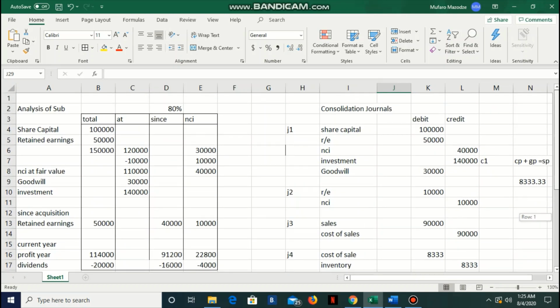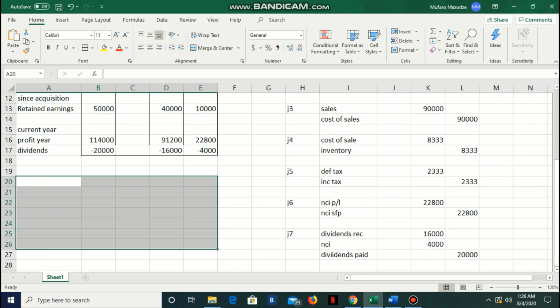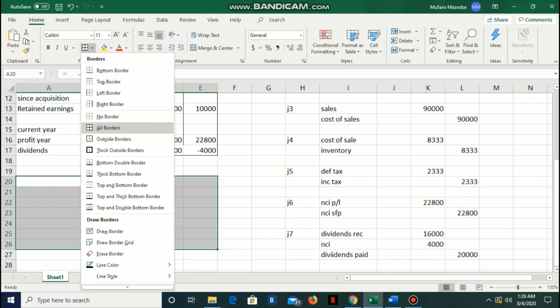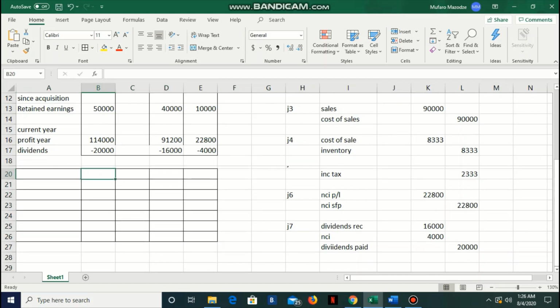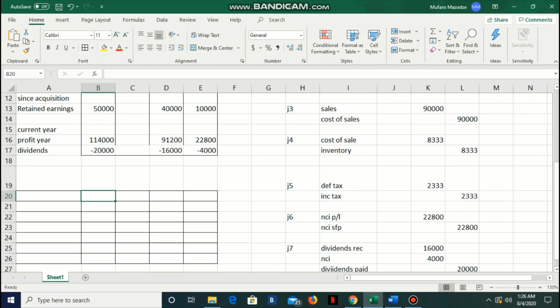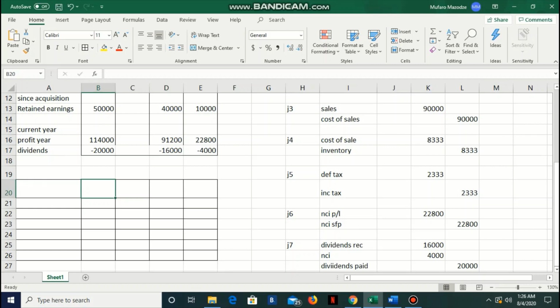Here's our analysis. Now let's draft the consolidated statement of changes in equity. I'm just gonna put borders, all borders around this. There we go.